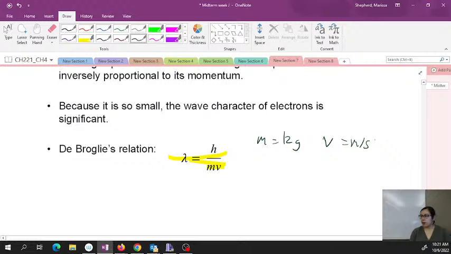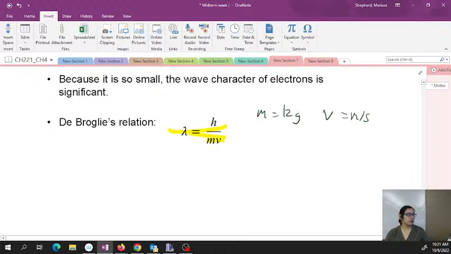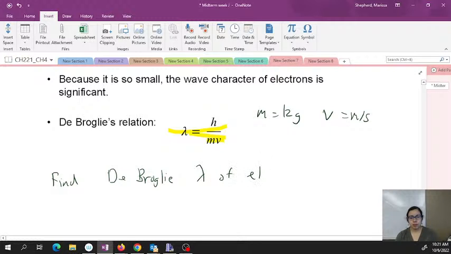Now let's compare what he was saying. Let's first find the de Broglie wavelength of an electron, and then we'll compare that to an average human.